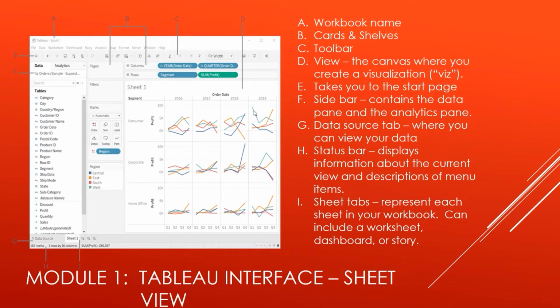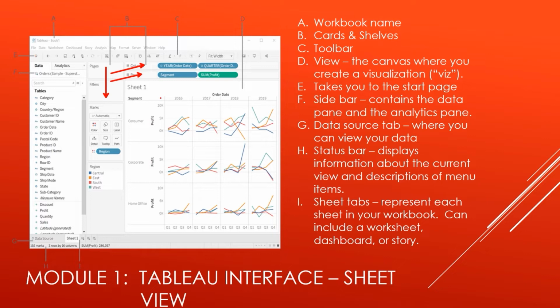So here's our breakdown of sheet view in Tableau, and we're just going to point out a few things in this view. Starting at the top, of course, you have your workbook name. Where it says pages, filters, marks, this panel here, as well as columns and rows up top, those are either called cards or shelves.